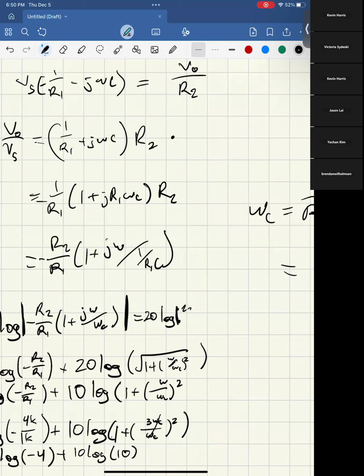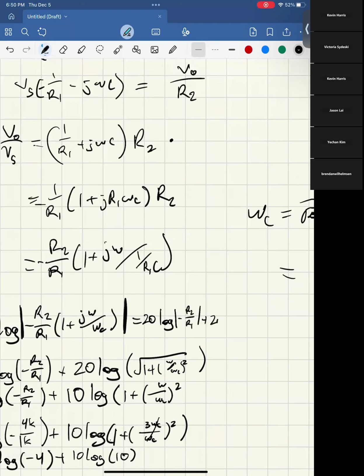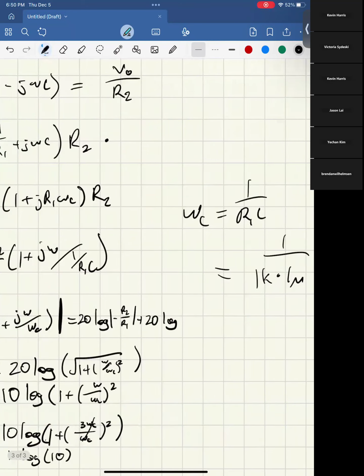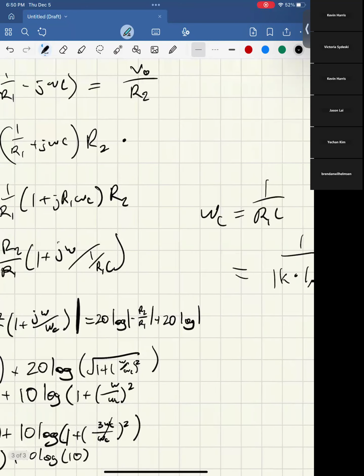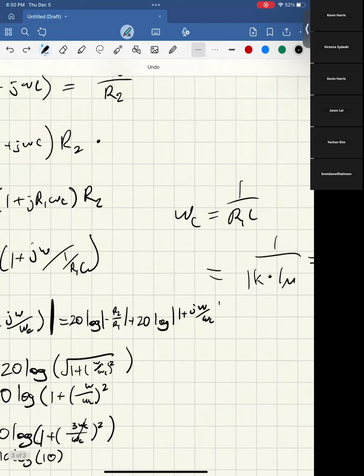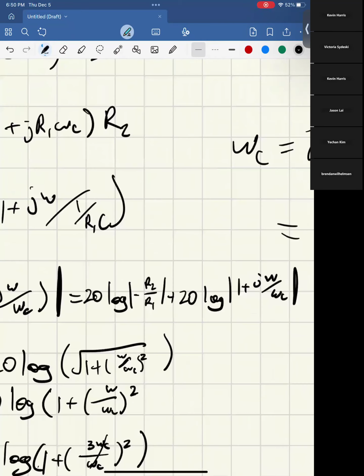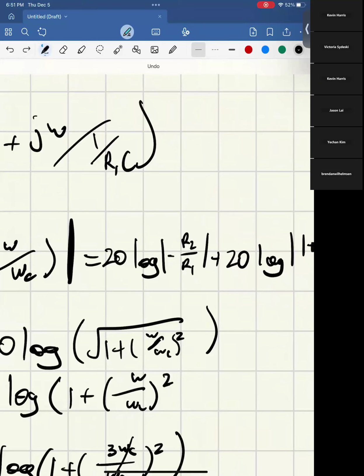That's just going to be its absolute value. I'll split this up a little bit. And then 1 plus j omega over omega C. And since this is a complex number, when you take its magnitude, you do it like this. That's just the definition.